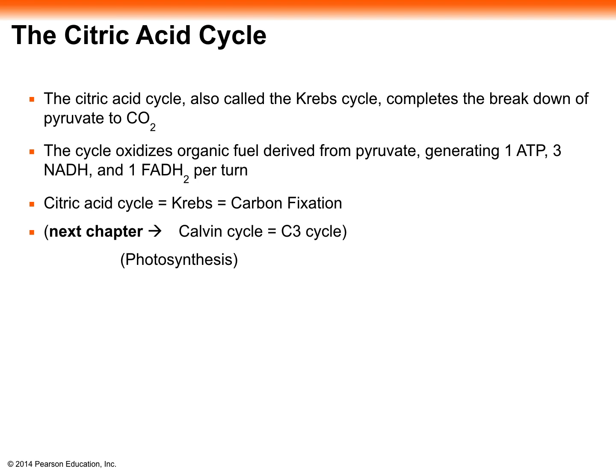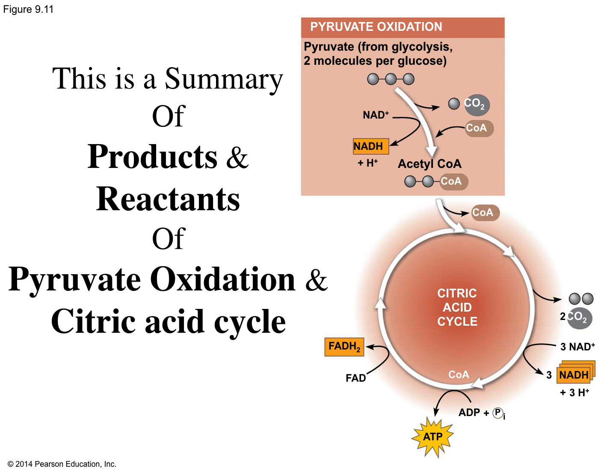The citric acid cycle, we also can use the word carbon fixation. It's something similar to the Calvin cycle or the C3 cycle, but here we call it the Krebs cycle or the citric acid cycle. Now, let's take a look before we enter the Krebs cycle.